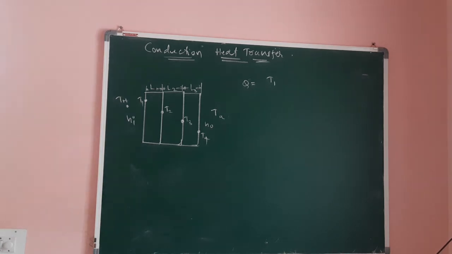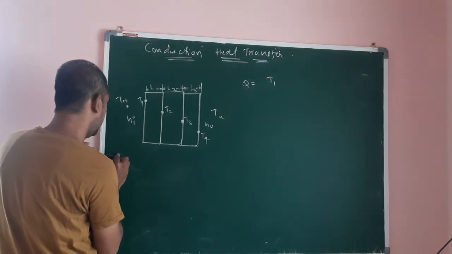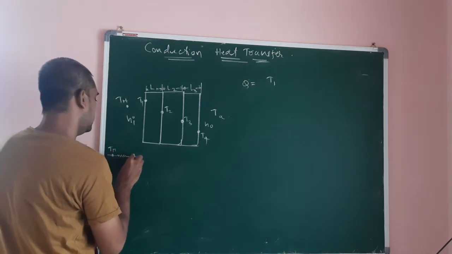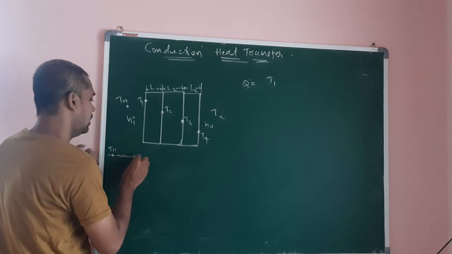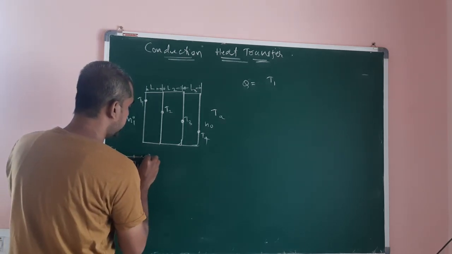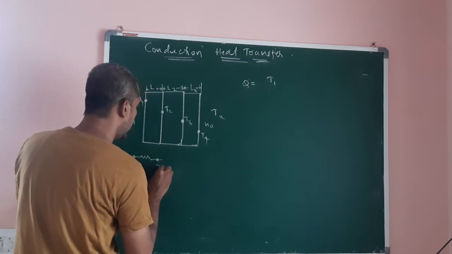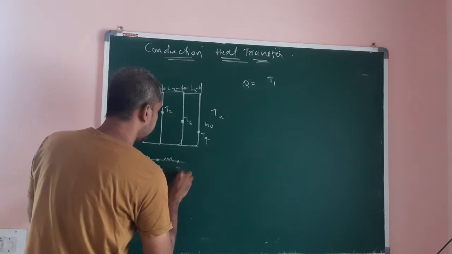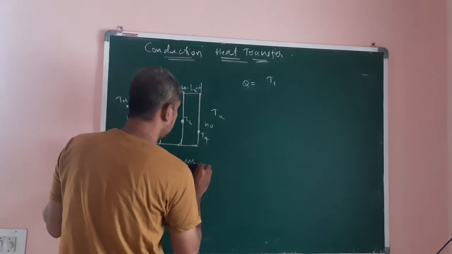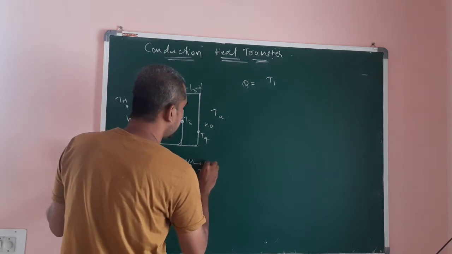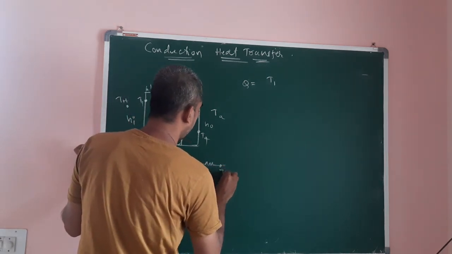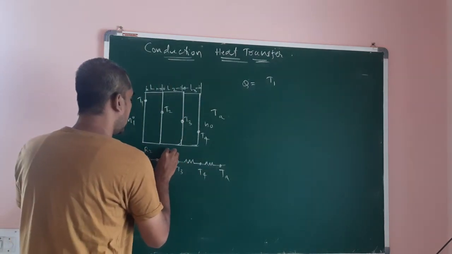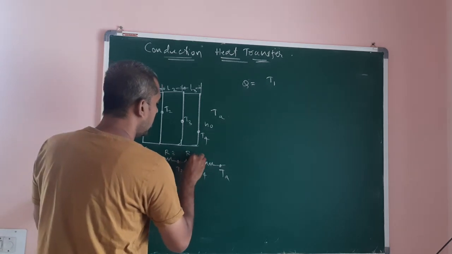In its electrical analog, this is TH, this one will be T1, and again there is a change in temperature from T1 to T2, and again T3, further T4, and there is a drop in temperature. Let these be R1, R2, R3, R4 and R5.